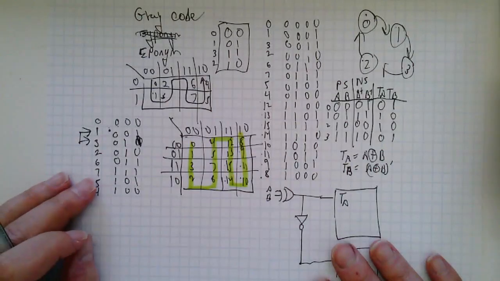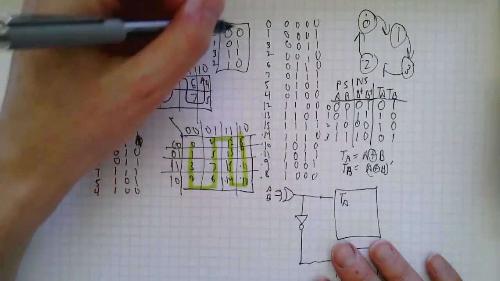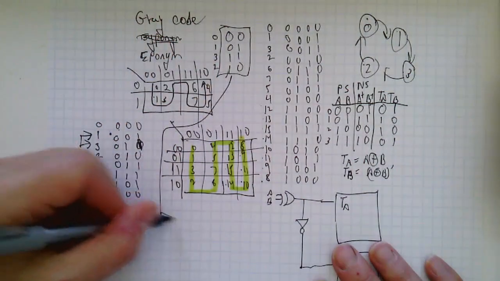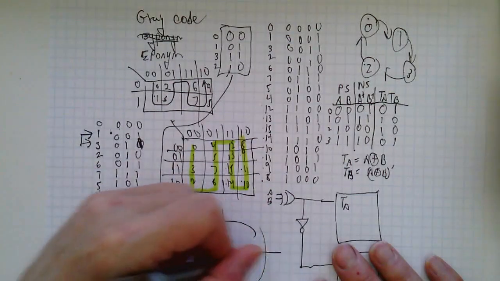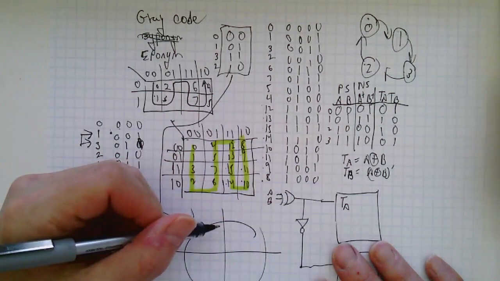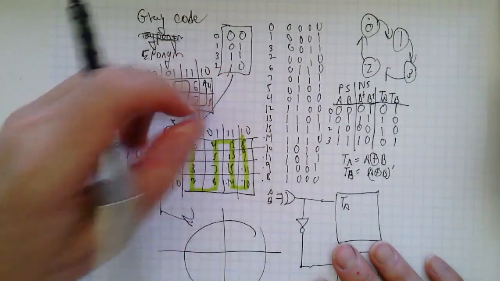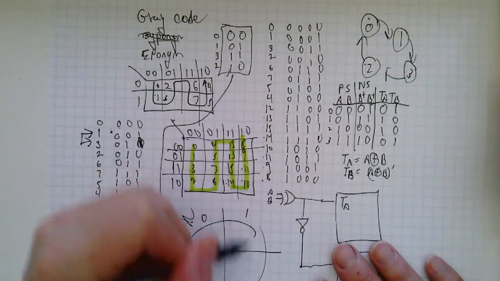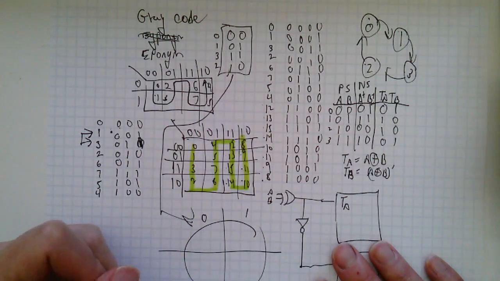Excellent. So let's take the simplest gray code, this 2-bit gray code right in here, and let's build an encoder wheel. 1, 2, 3, 4. Let's assign the quadrants 0, 1, 3, 2. And we have 2 bits.